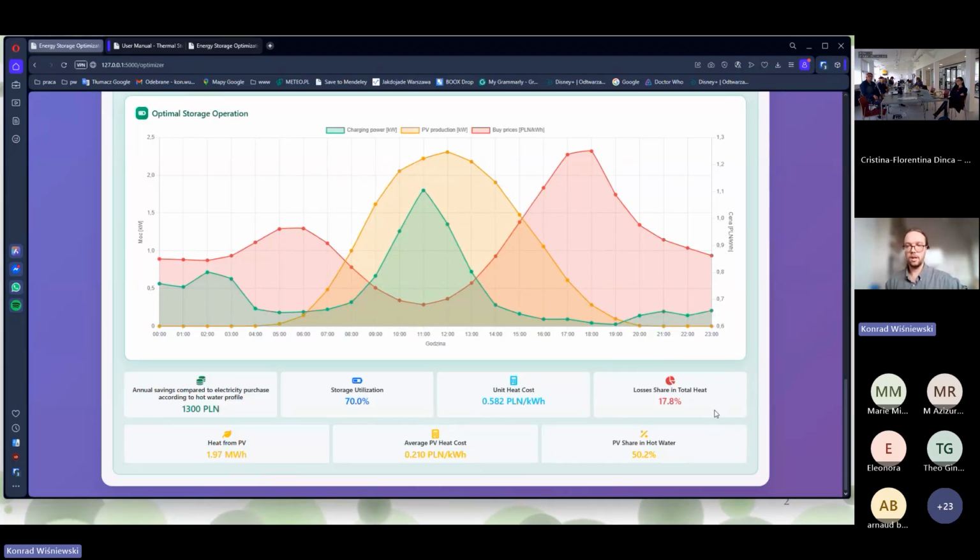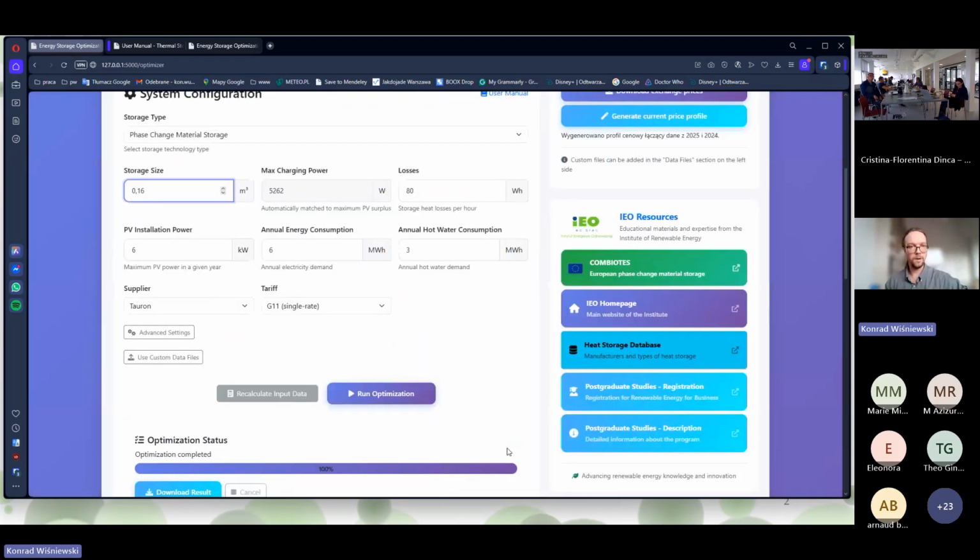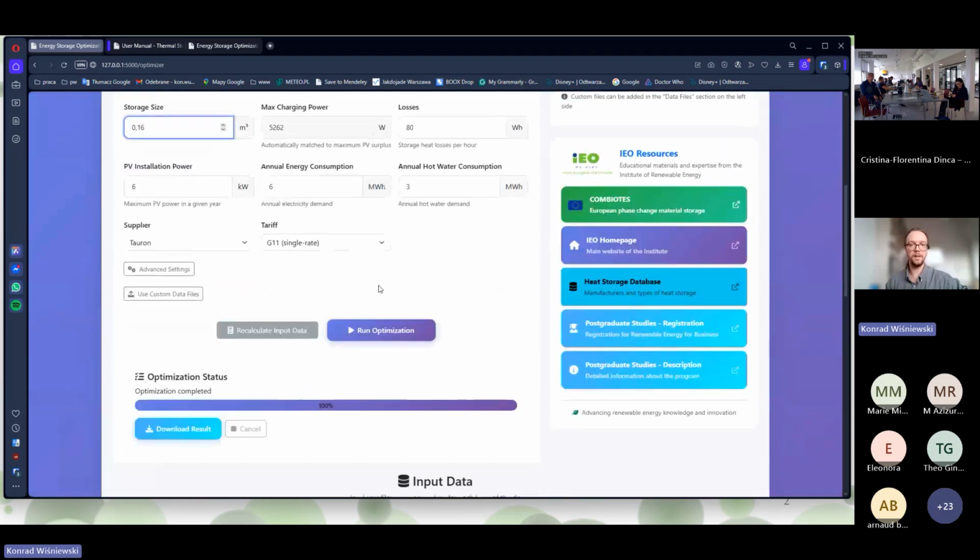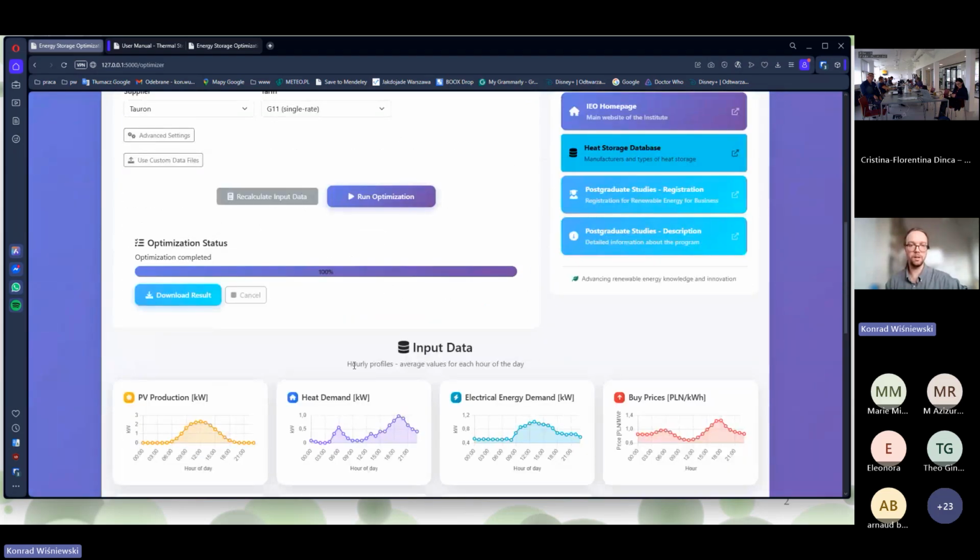You also have the summary here, the losses in the system as it was set, and the cost of the system. Right now it is in Polish zloty, so you need to divide it by about 4 to get the cost in euros. And you can also see how much of the hot water we can achieve from photovoltaics in this household. If someone has no idea, I can run this app with pre-calculated setups.